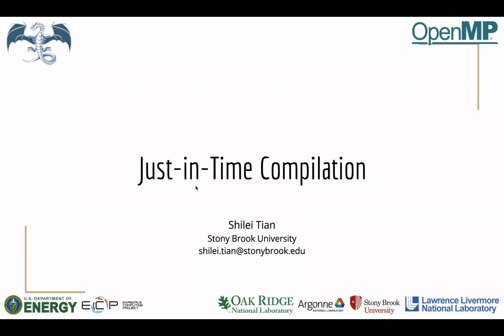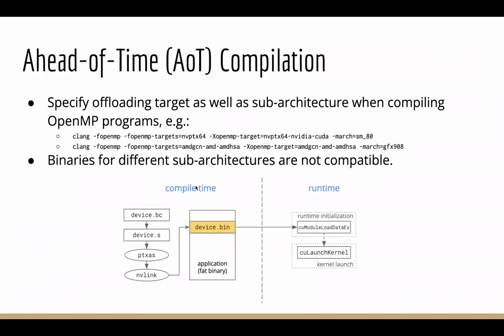So the first one is about just-in-time compilation. Currently, LLVM OpenMP features ahead-of-time compilation. As Joseph had shown before, with some command lines here, we have to specify the offloading target as well as the architecture when compiling OpenMP programs.